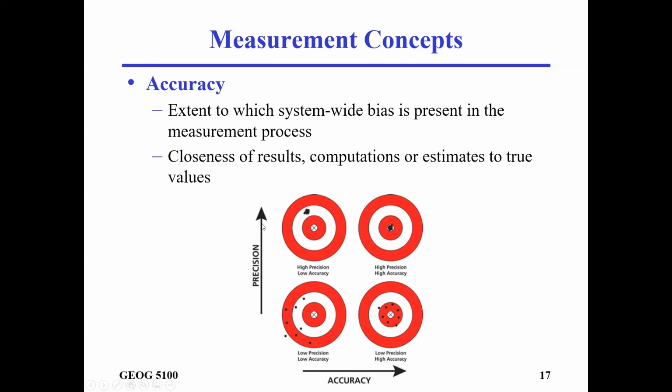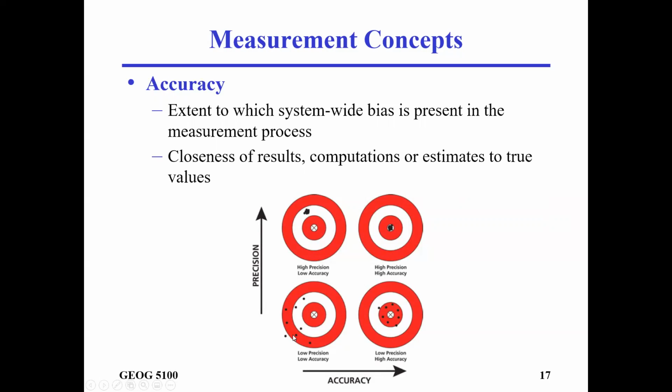The vertical axis is for precision. The higher, the better precision you have. The horizontal axis is for accuracy. It moves from left to right. The further away from the origin, the higher the accuracy.